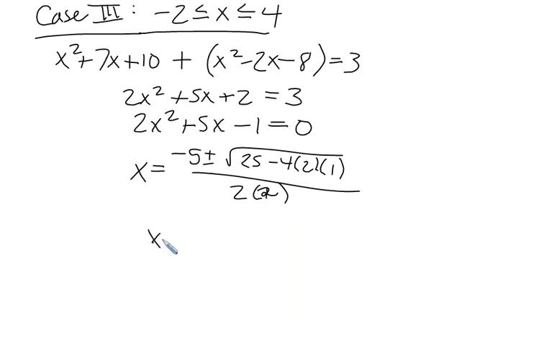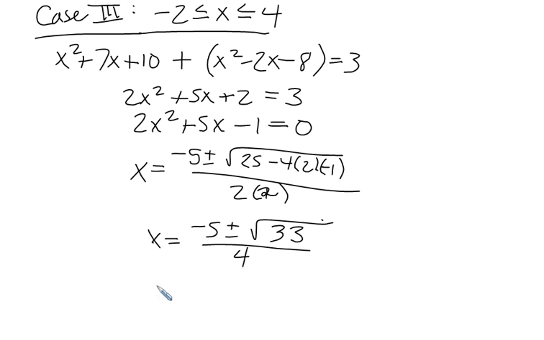And in this case, that's going to be a negative 5 plus or minus the square root of, c was a negative 1. Be careful on that. Almost made a mistake there. 25 plus 8, I think, is 33 all over 4.